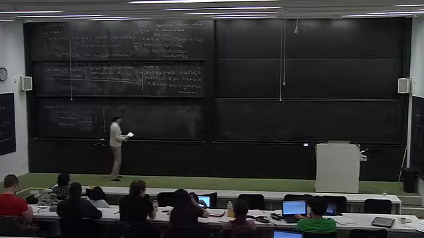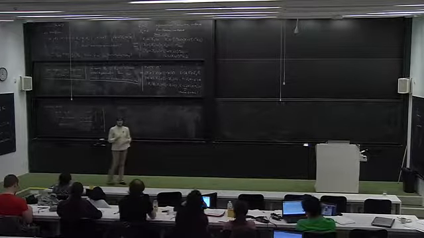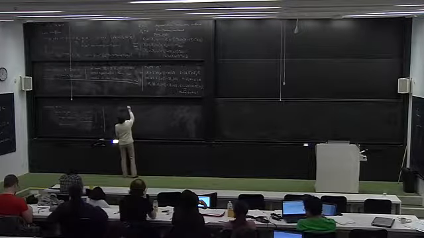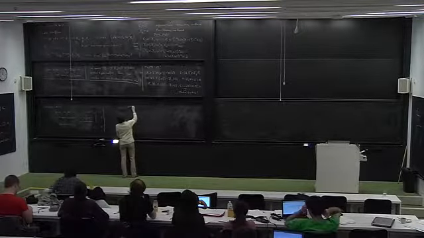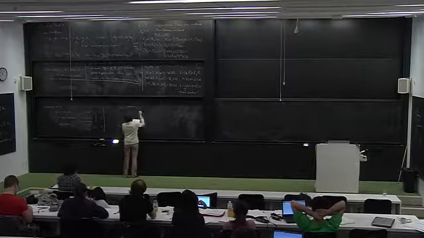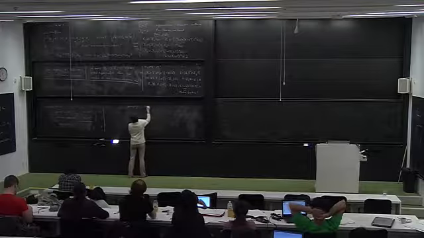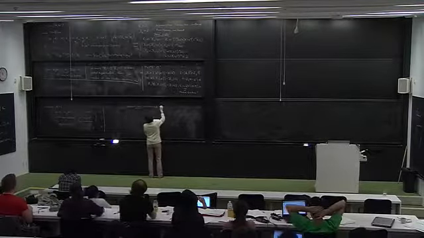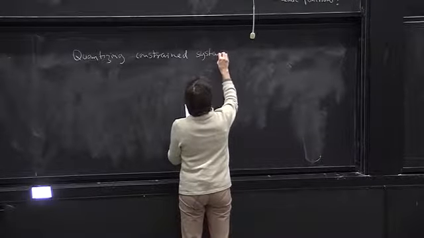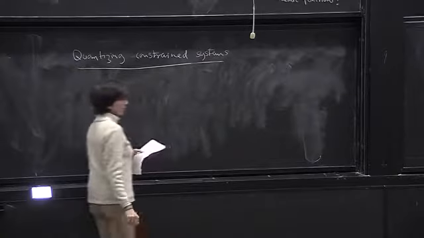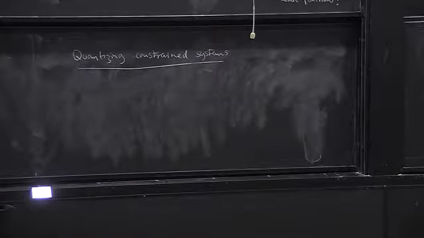And I want to do it by way of drawing a little commutative diagram. That's the general issue I want to address in the remainder of today's lecture: quantizing constrained systems. It comes with a bunch of questions of principle, as well as questions of practicality.